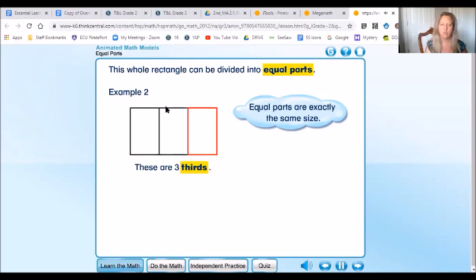Here's 1/3, here's 1/3, and here's 1/3. Now it is important to look at the whole piece and to count how many parts it took to make my whole. 1, 2, 3. And since these parts are each exactly the same size, they are named thirds.